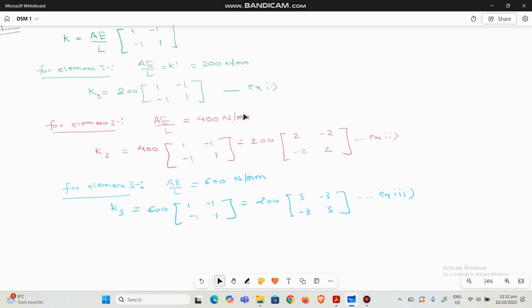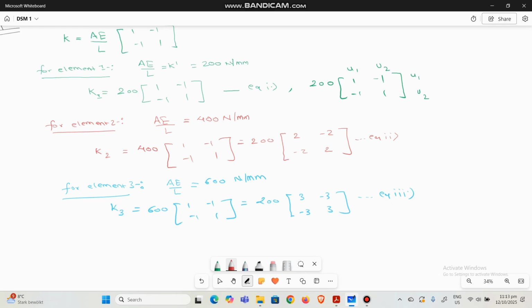For element one, we can just say that this matrix, 200 times 1, -1, -1, 1, is concerned with displacement at u1 and displacement at u2. This common idea will be very useful, I will show you.